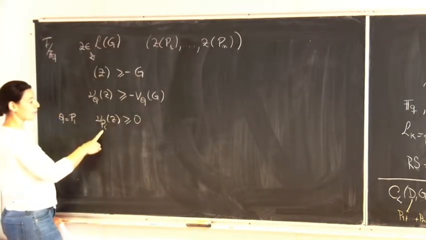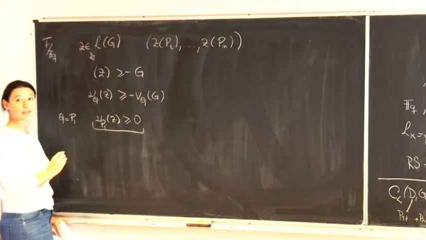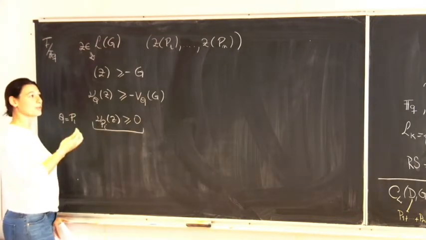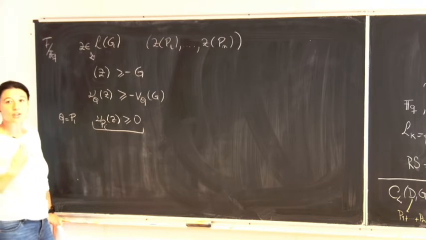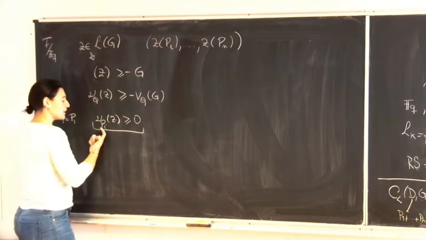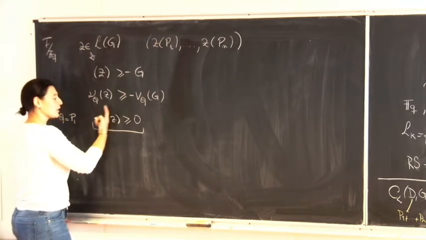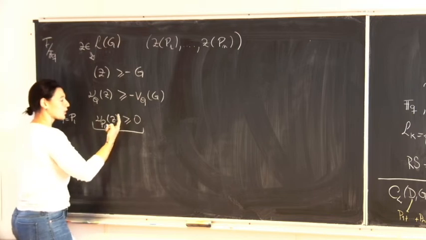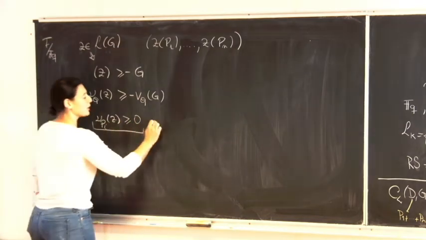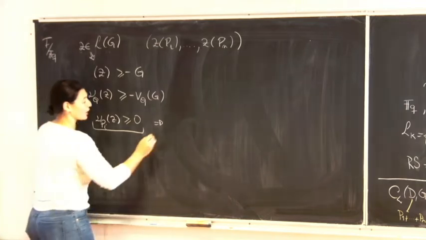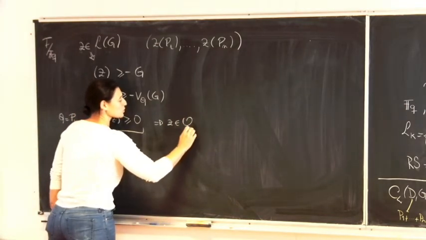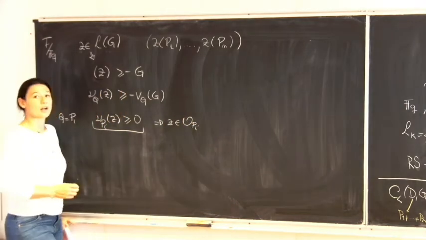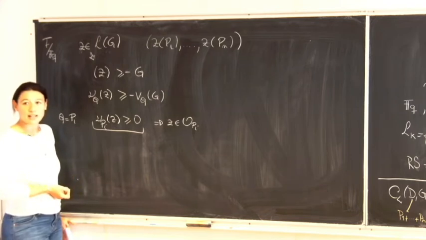So what I have is that this valuation is bigger or equal than 0. And if you remember our second session, we saw that the elements such that the valuation was greater or equal than 0 belong to the valuation ring. So z belongs to the valuation ring associated to the place pi.